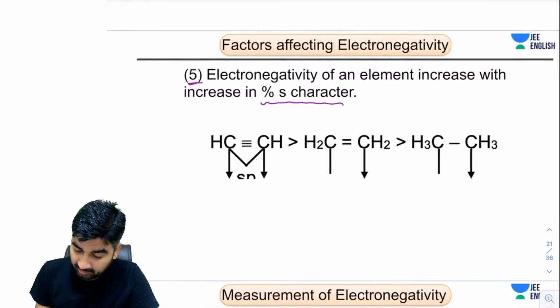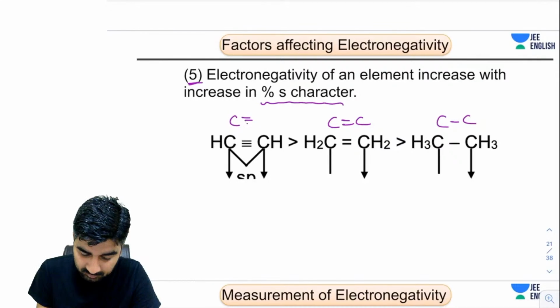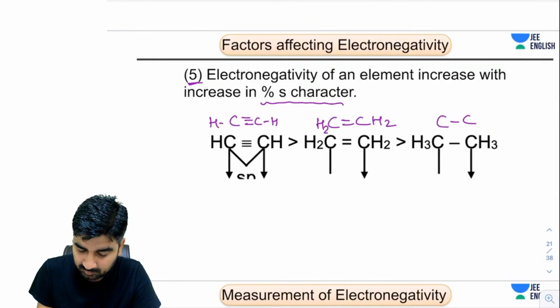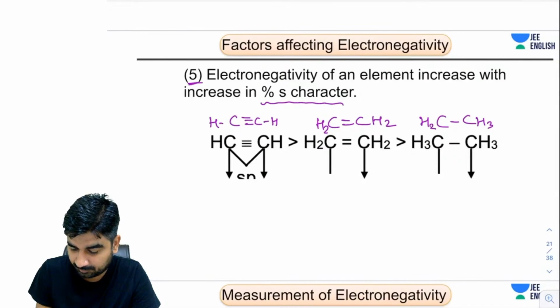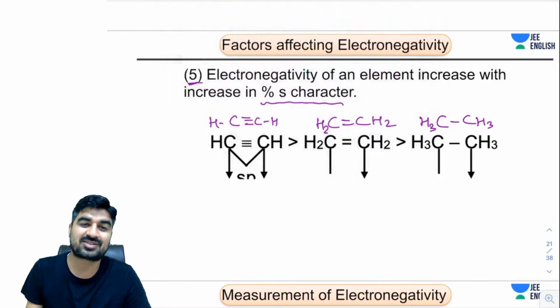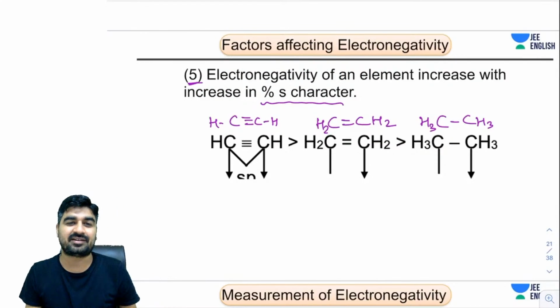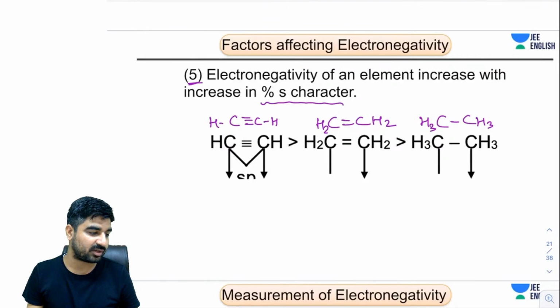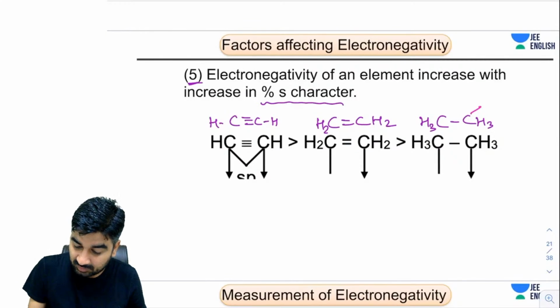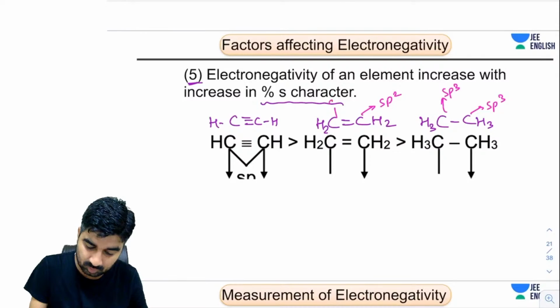So here we have C single bond C, C double bond C, C triple bond C. I want to tell you, you have to just listen to it, because you can't understand right at this point. If somebody is from 12th class, he can easily understand. So this carbon is sp3 hybridized, this carbon is sp2, and this is sp.